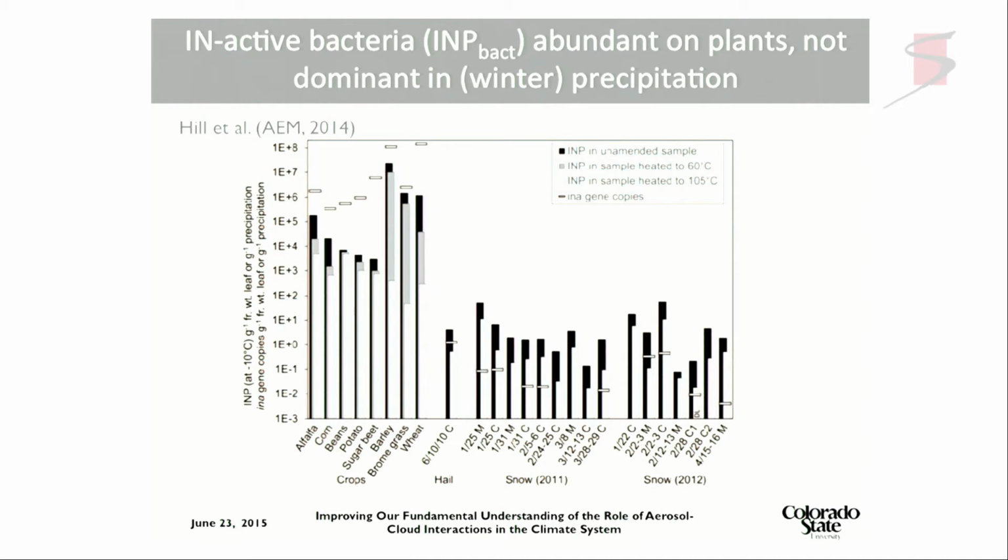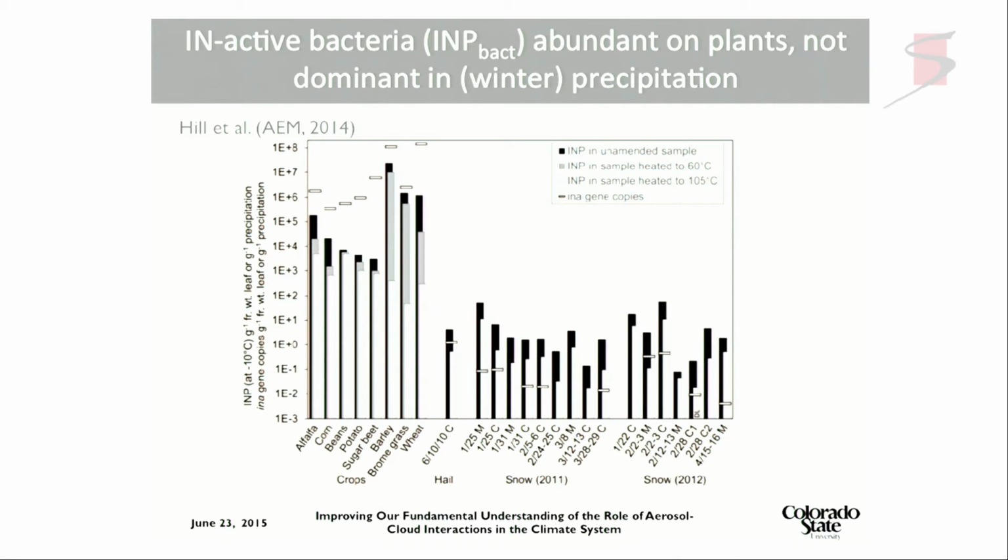And he can identify through the specific genes and their copies the whole array that come from bacteria specifically. And so he finds tons of them on plants, of course. In precipitation, though, specifically in snow, when he looks at the numbers in snow, they cannot explain anywhere near, by orders of magnitude, the number of ice nucleating particles measured per volume of the water from snow.